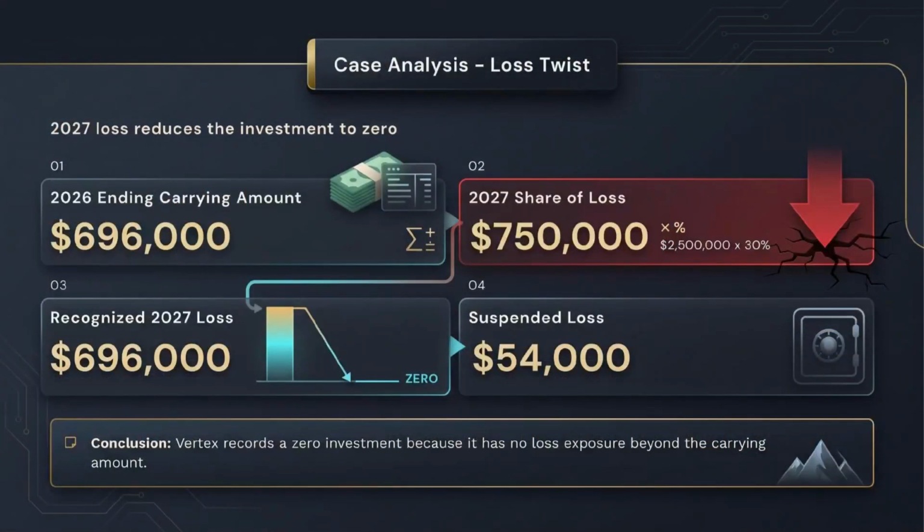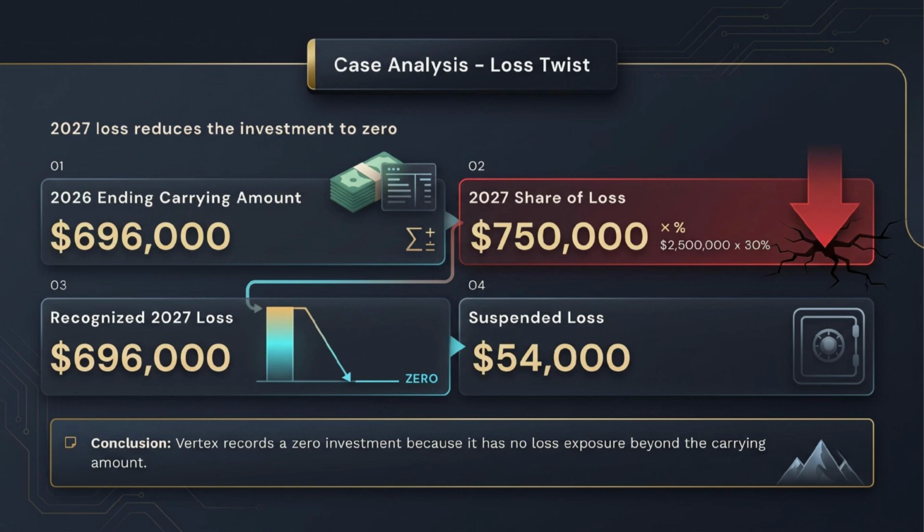Now apply the 2027 loss twist. The 2026 ending carrying amount is $660,000 cost plus $60,000 adjusted income minus $24,000 dividends, which equals $696,000. In 2027, AeroParts reports a $2,500,000 loss.